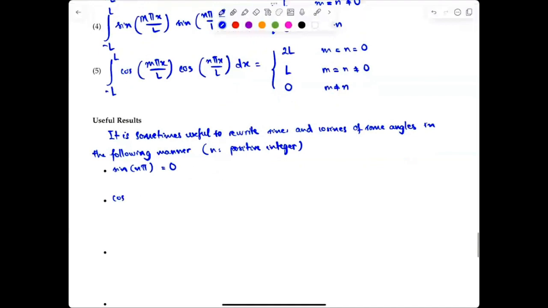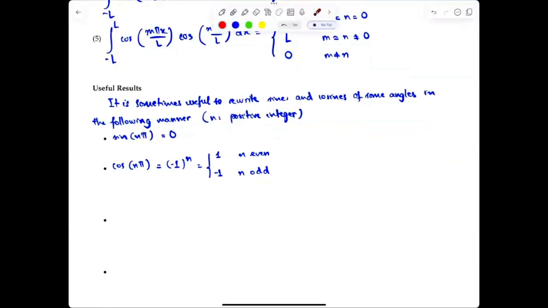For cosine of n pi, this is equal to -1 to the power n, indicating that the value is equal to +1 when n is even and is equal to -1 when n is odd. Sometimes it's convenient to rewrite cosine of n pi in terms of -1 to the power n.